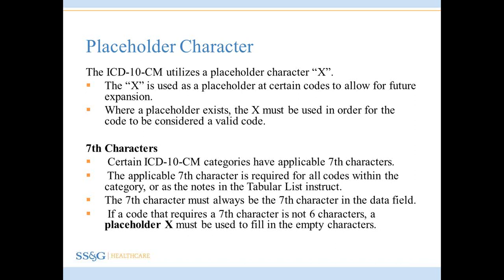The code at this time may not expand all the way out to 7 digits, and we'll talk about that in a few minutes. The X may be needed to plug in the places in between to make sure that you have a diagnosis that has 7 characters when it is called for.